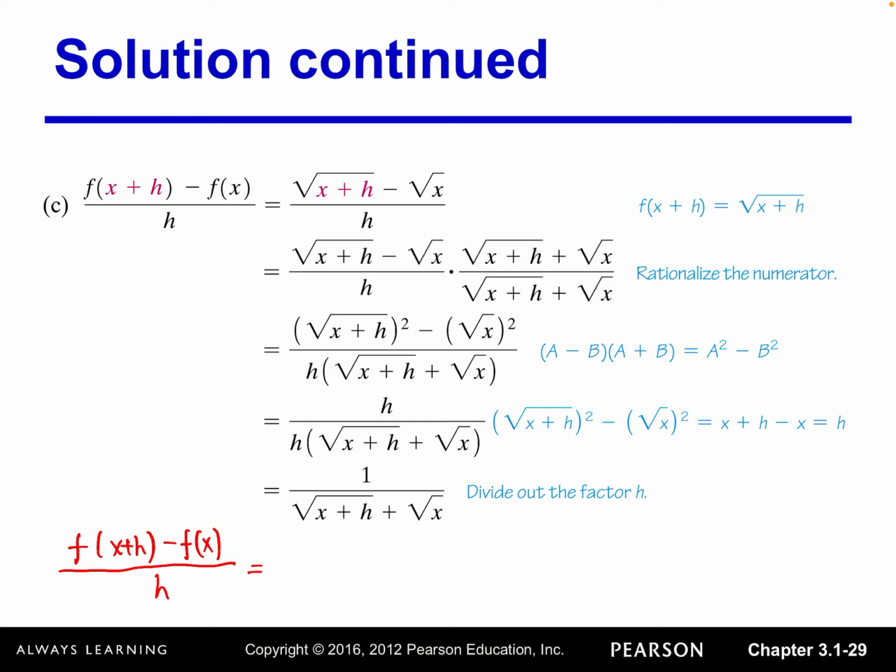The function is square root of x. So numerator, we have square root of x, right? I put in the parentheses, leave it blank. So replace x by x plus h, right? And then that's this part. F of x, just square root of x. And then denominator, just h.